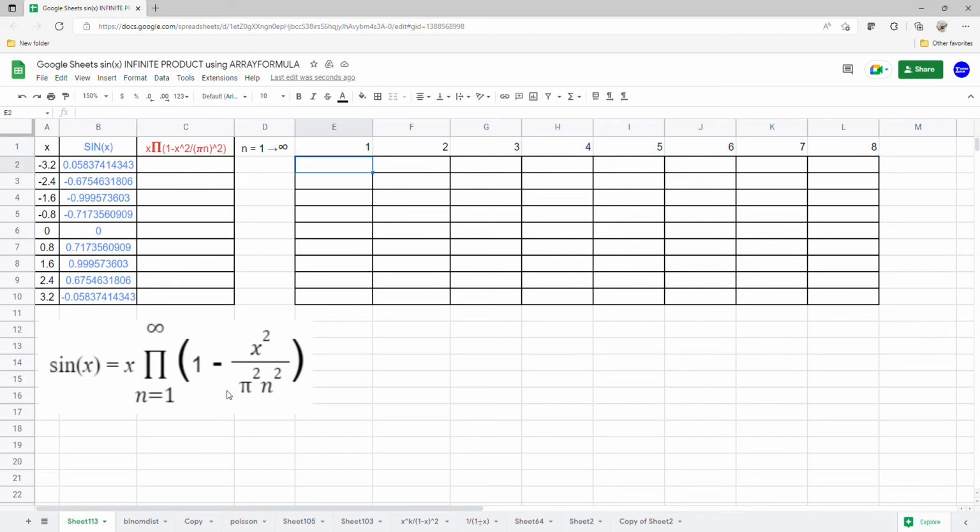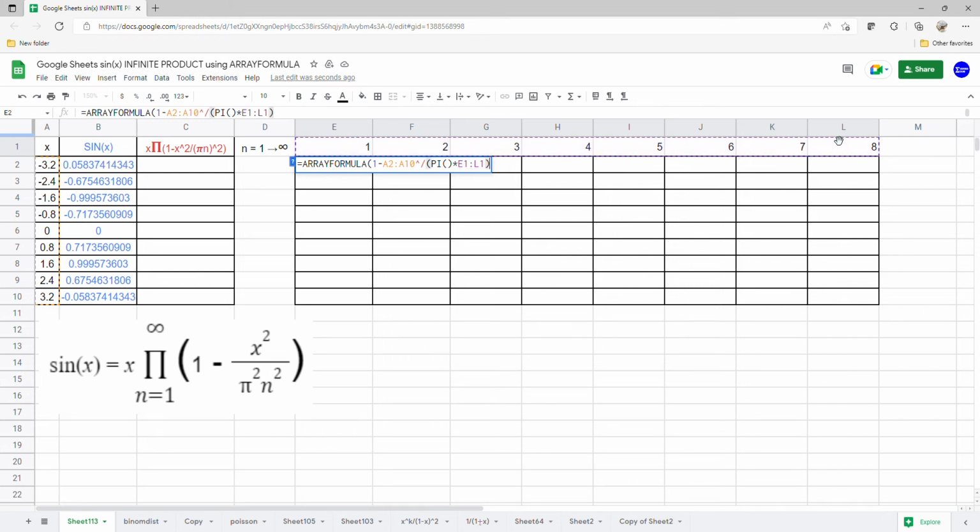And the formula of this will be equal to array formula of 1 minus x squared, so x raised to the power 2, divided by the quantity pi squared times n, where n is from 1 to infinity, and both are squared.